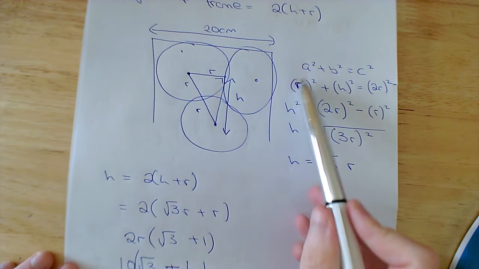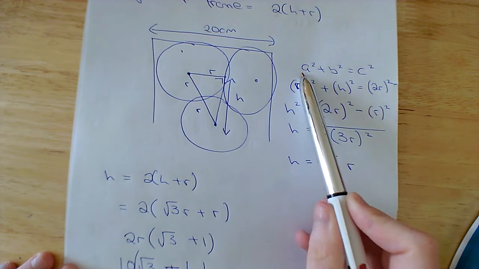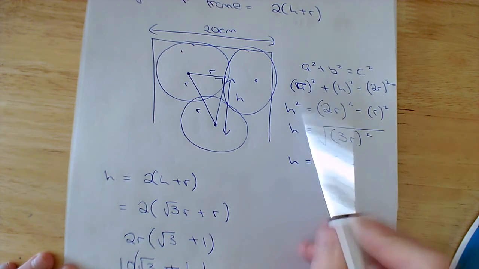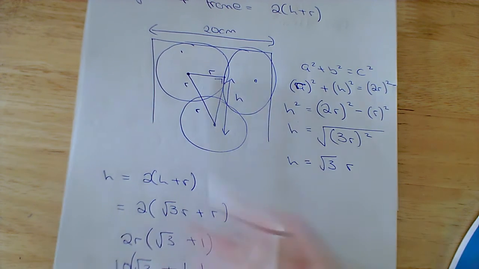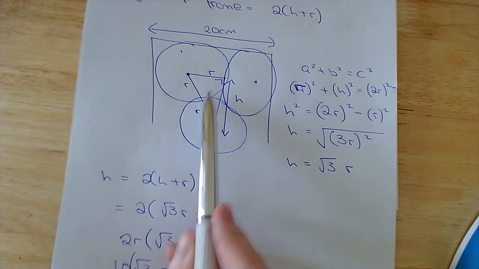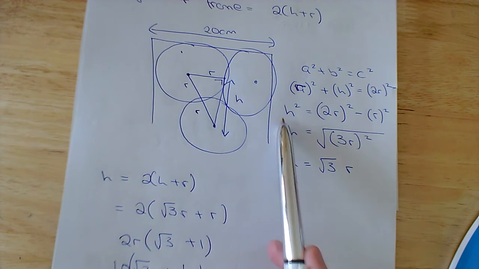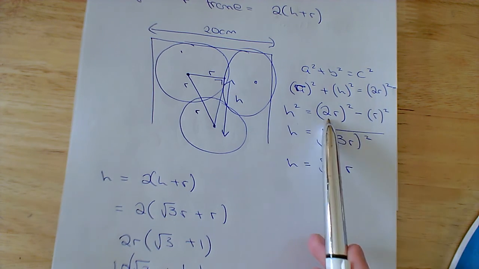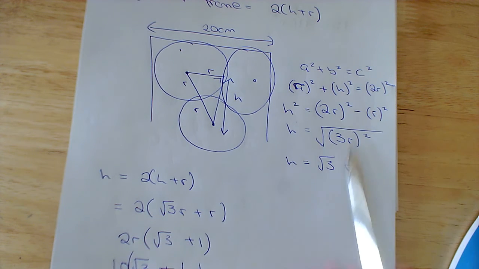So I do my Pythagoras theorem. I'm making a right angle triangle, so a squared plus b squared is equal to c squared. My a is r, to be squared, plus my b is going to be h squared, and my side opposite the right angle is going to be 2r, so 2r to be squared. So I have h squared is equal to 2r squared minus r squared, because I bring over my r squared since I want to find my height.